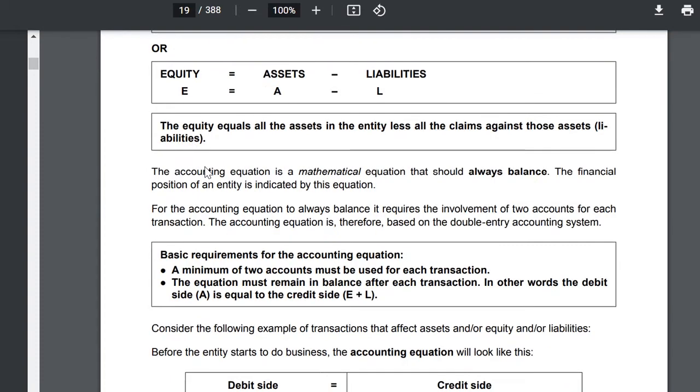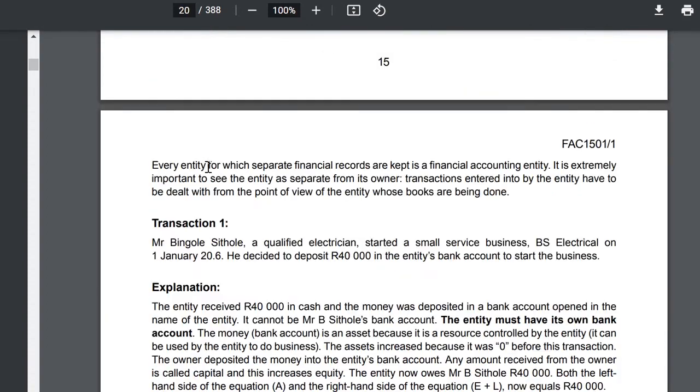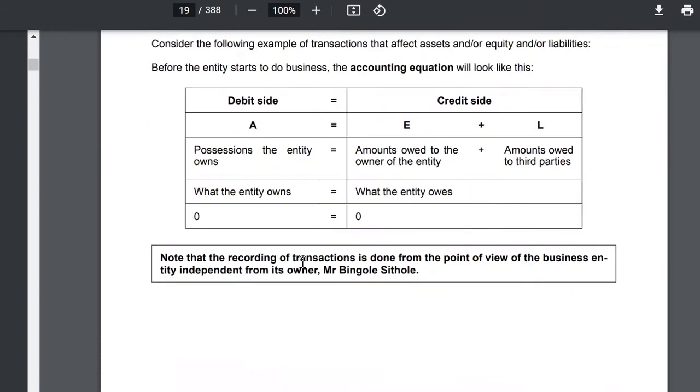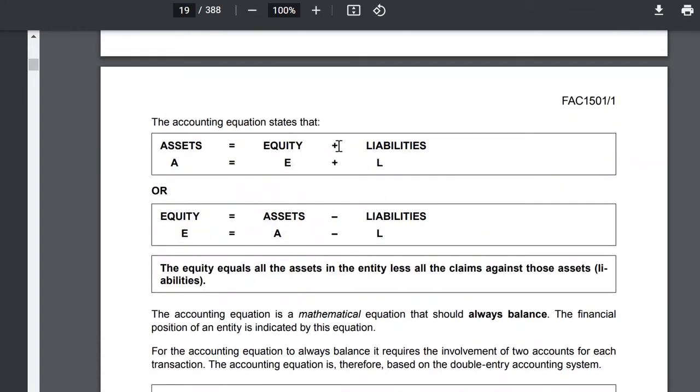When you do the accounting equation, you must put there plus or minus. Plus will say increase, minus will say decrease.